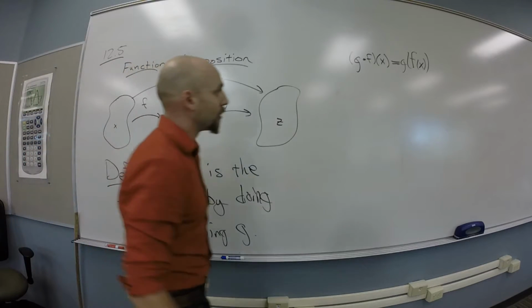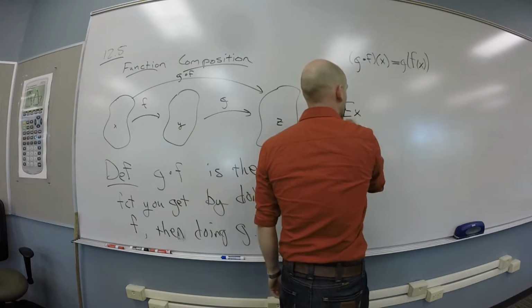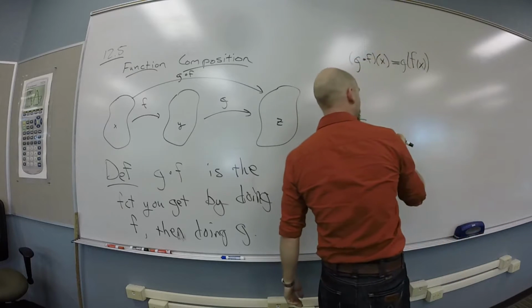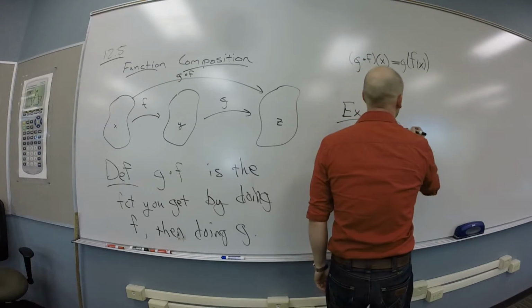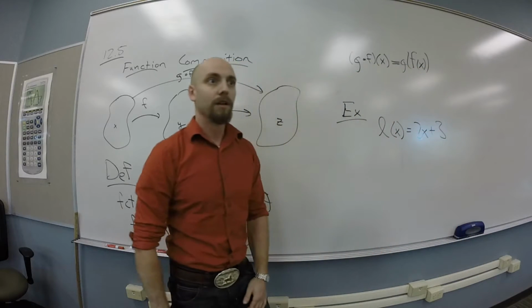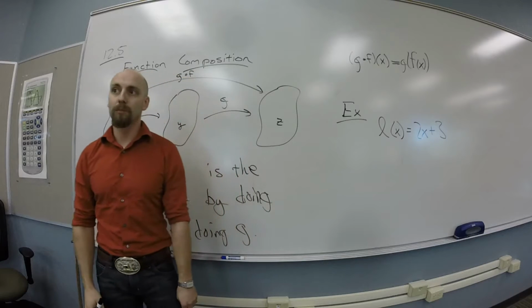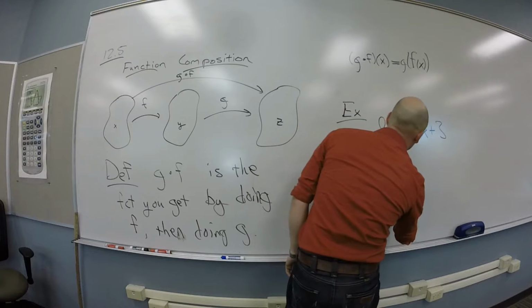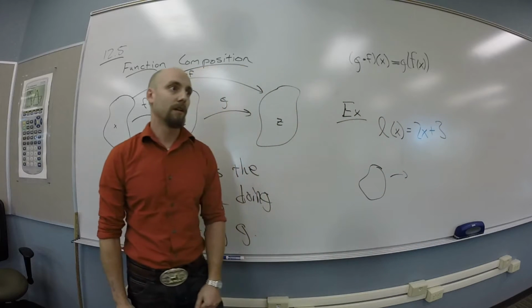So for example, if I had one of my old line functions, I might have L of x is 2x plus 3. If we were trying to invert 2x plus 3, we might think of this as what? What do we do first to an x?